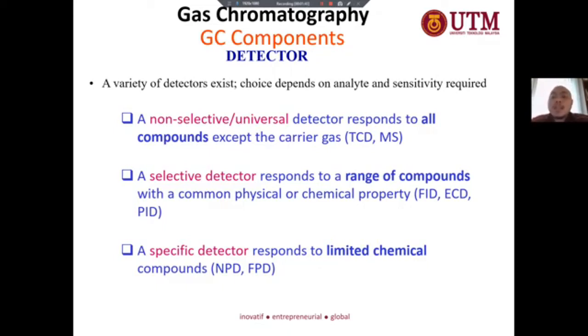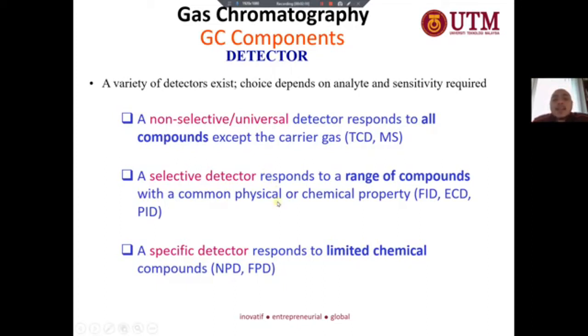Not I say that all, but almost all analytes. It means that whatever kind of the compound, the charge or the structure or the functional group, it can almost be detected by MS or TCD detector.